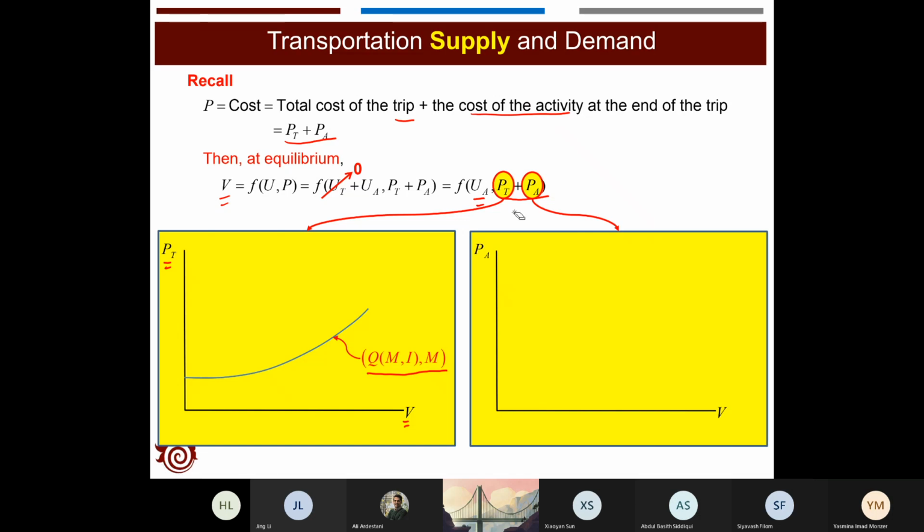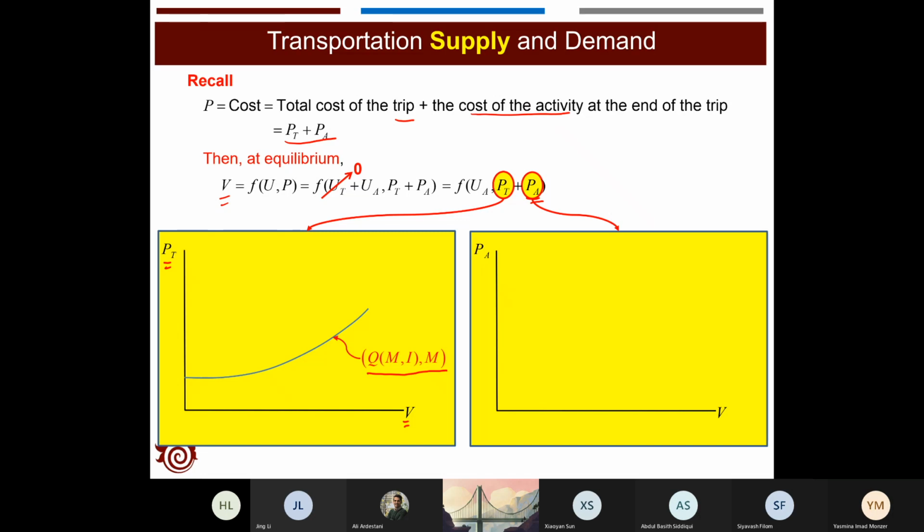So for the total cost that we need to estimate for the trip, we also need to think about what's the value of PA. As PA is the cost of the activity, usually it will be a constant value, a constant amount of money you have to spend for the ticket, and also for the meal or for other unexpected expenses.